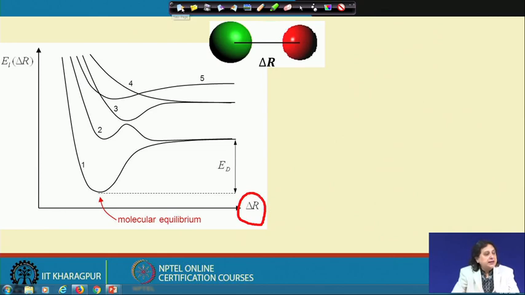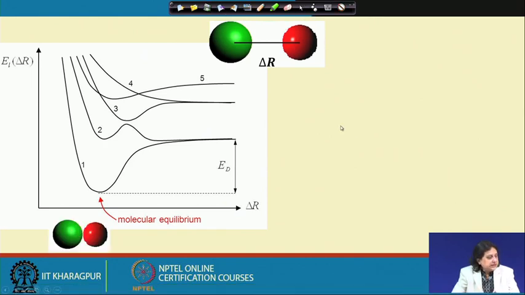Okay. If that happens, then how do I connect it to the picture that I have already shown to you? Let us say that in this case I have a chemical bond that is formed between the two atoms, and that is the most stable configuration in the ground electronic state corresponding to this minimum.